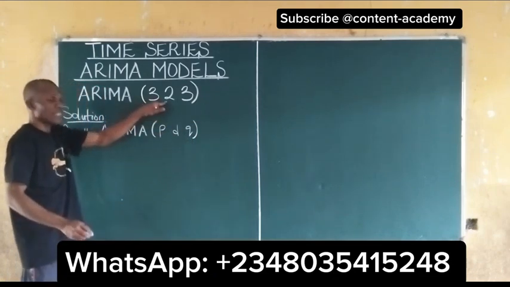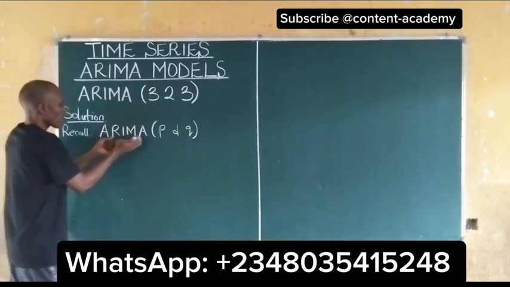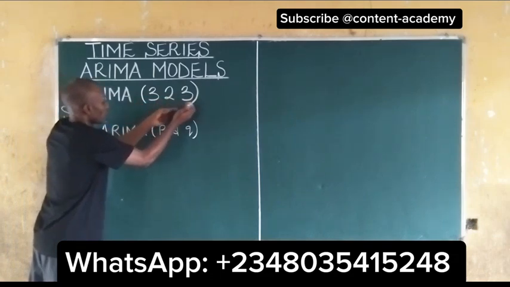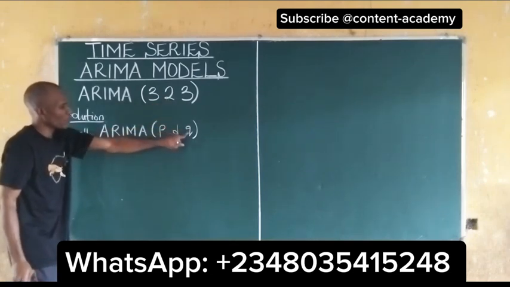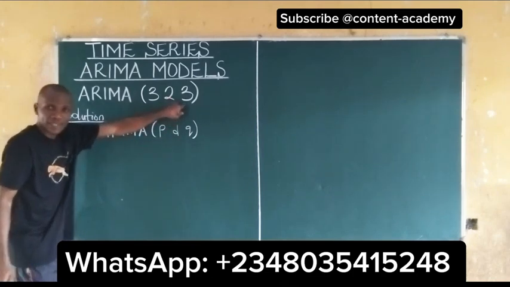Because if we compare this and this, it will be very easy for you to compute this. So we have ARIMA PDQ, which is the same thing as ARIMA 323. P of order 3, our differencing is 2 there, while our MA order Q is 3.